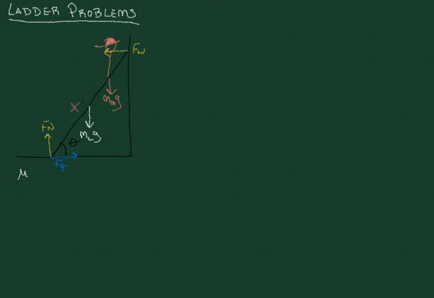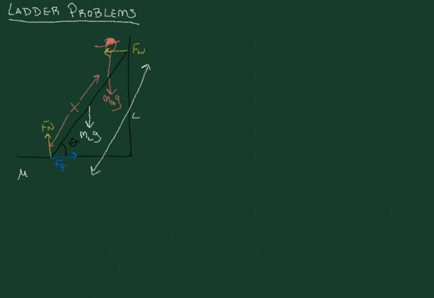So if he's a distance x up the ladder, and the length of the ladder we'll say is L, then as a function of the distance he climbs up his ladder, what does the angle need to be? Or equivalently, if we know the angle of the ladder, how far can he climb up before he falls?